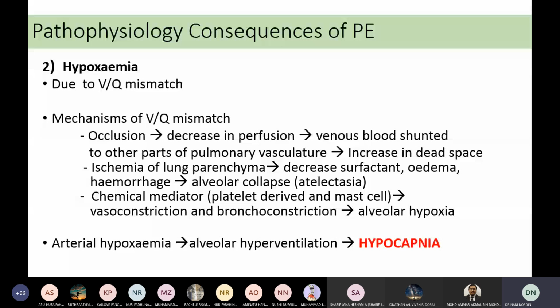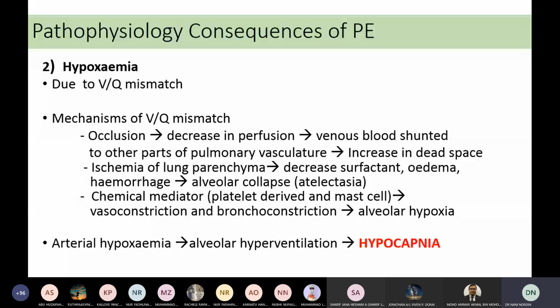But in places where a lot of blood is shunted to that area, the VQ is low. So we have a mixture of areas with high VQ and low VQ, but in the end you will have low oxygen saturation, because more blood won't get oxygenated, right?